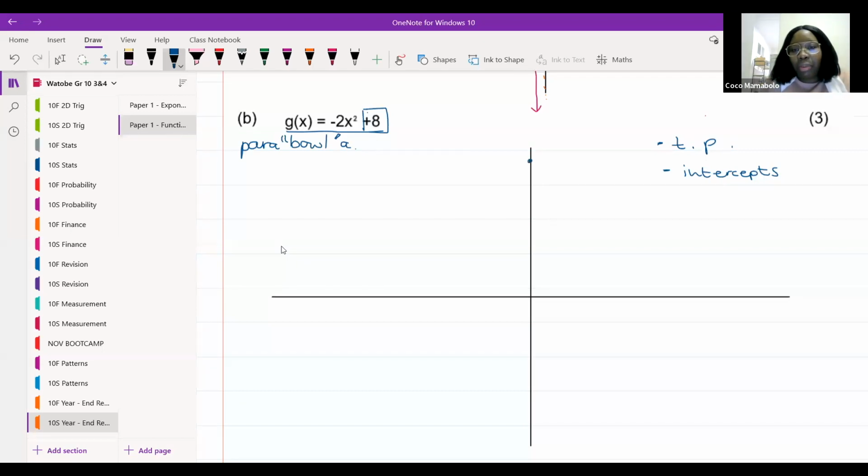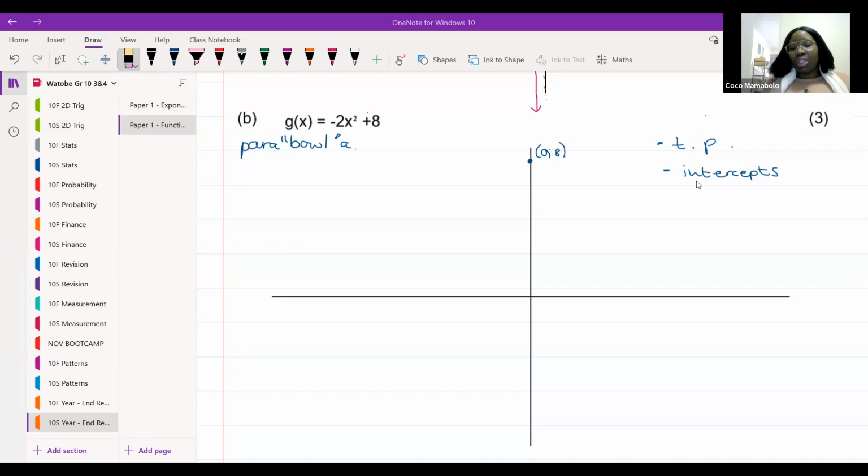So we're going to make that point over there. 0, 8. There's our turning point. Right, good. Now, because our graph cuts the y-axis at the turning point, it is also our y-intercept. So we don't have to calculate our y-intercept.